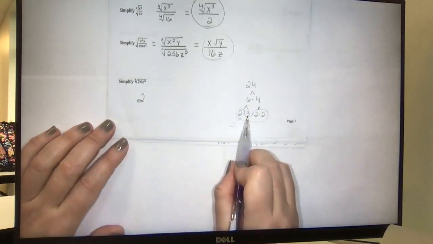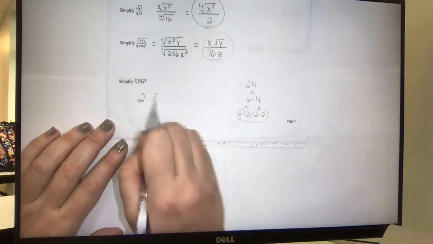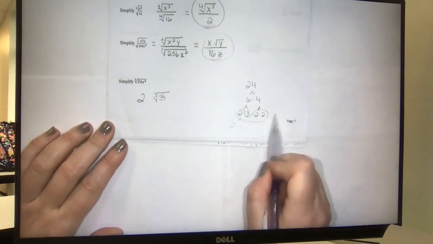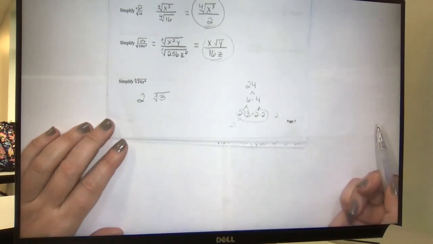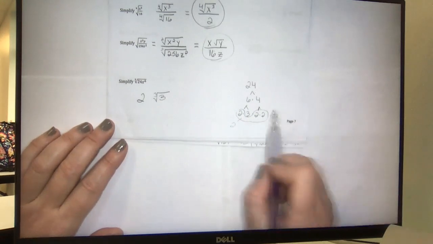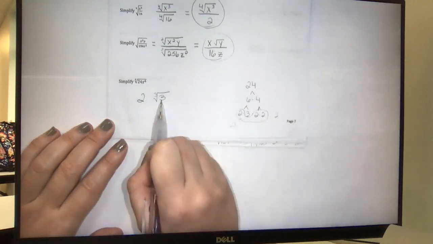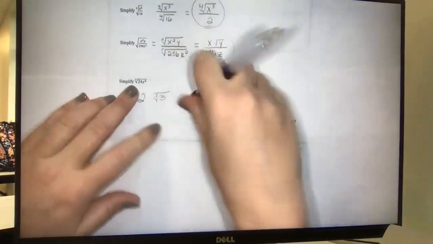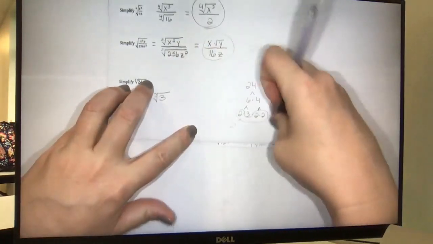The 3 that's left is going to stay under the root, and it's a cubed root. What if I had one more 2 left over here? I know that I don't, but what if I did? An extra 2. What would happen to him? He's going to also go under. So I would have 3 times 2, it would be 6 under here. Okay, if you had an extra 2.